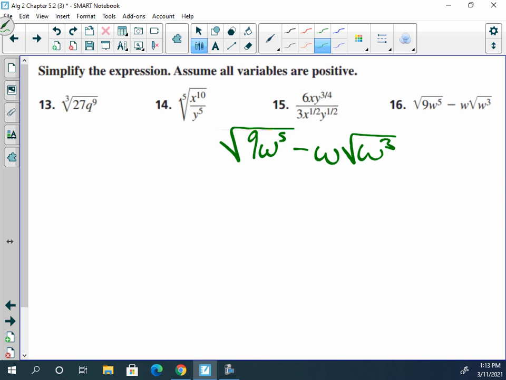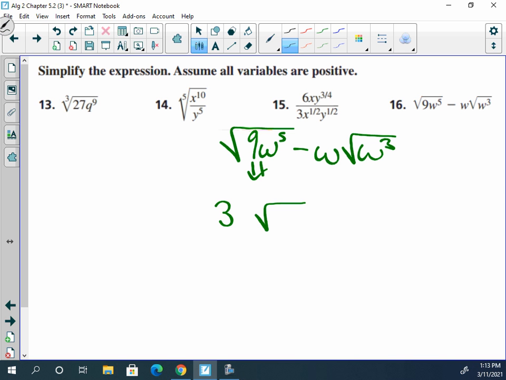Now this first one here is not too bad, because what is the square root of 9? 3. So w to the 5th. Since we're talking about square roots, our index is 2, because without a number written in, it's understood to be 2.